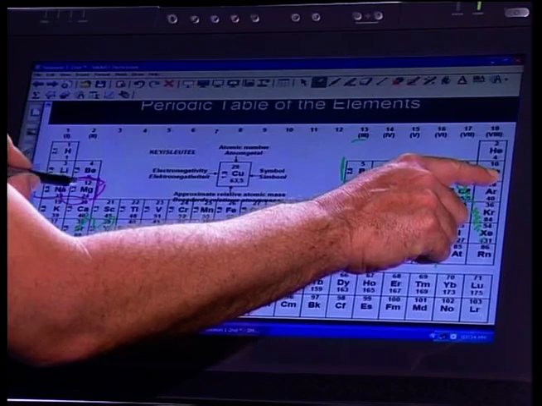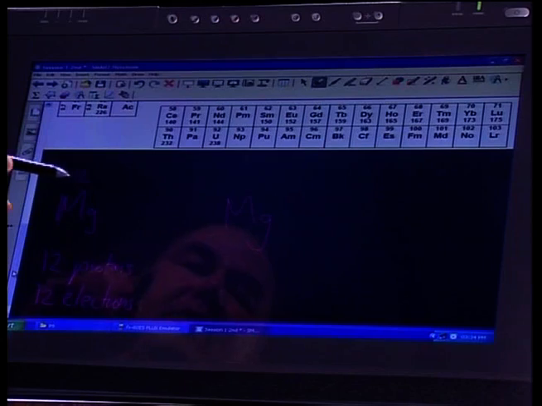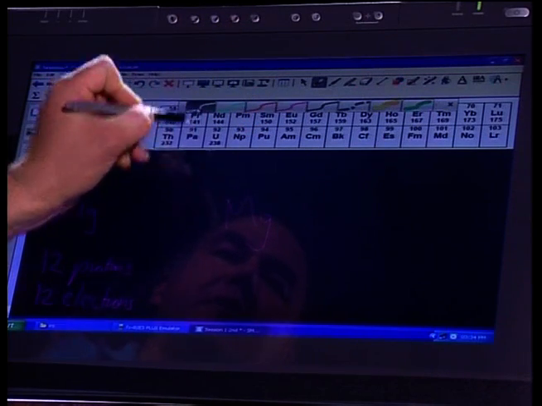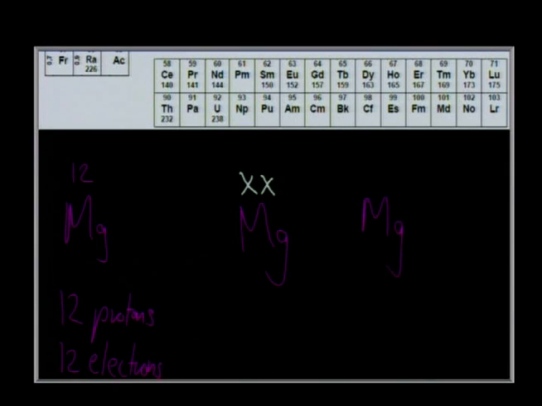So we say 12 minus 10 is 2. That gives us the number of valence electrons. So when we draw the valence electrons, we've got a choice. We can draw them in the Lewis structure either as 2 crosses like that, or as 2 dots. So another way of drawing that same Lewis structure for magnesium, you could quite easily have drawn it like this. Magnesium, 2 valence electrons with 2 dots like that.